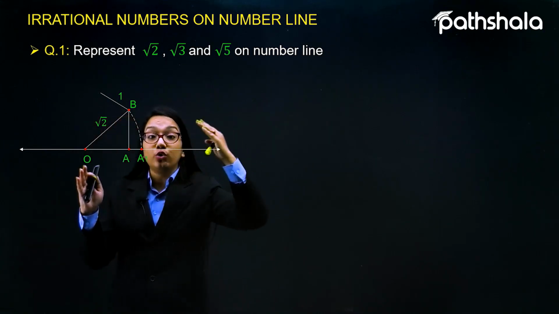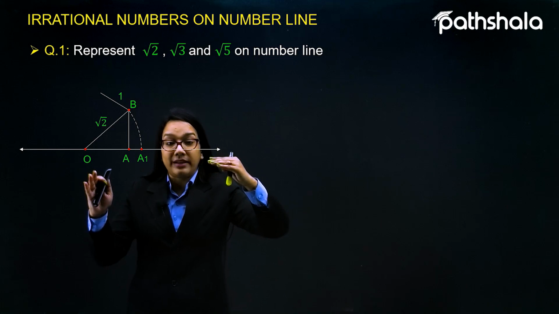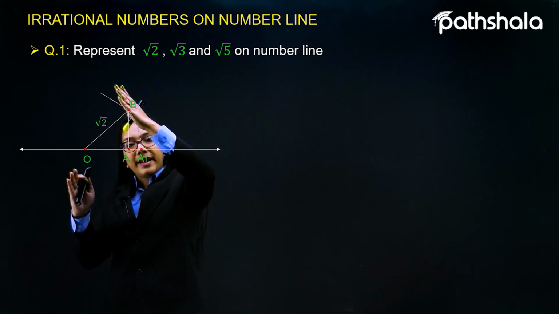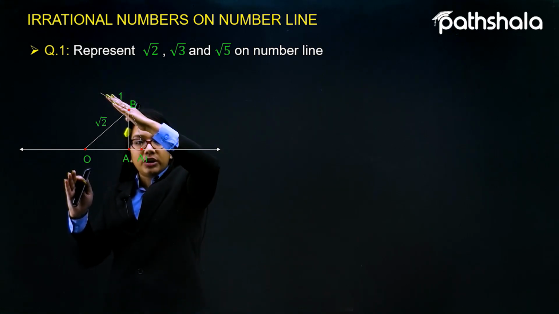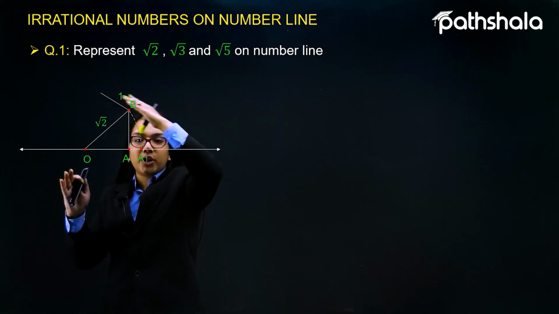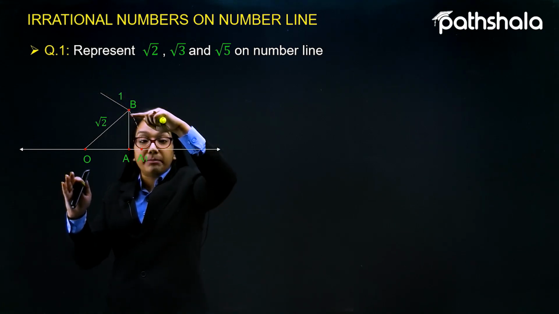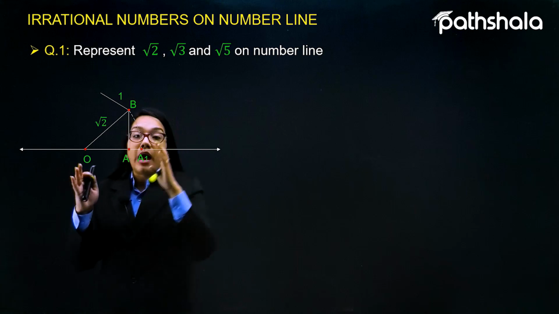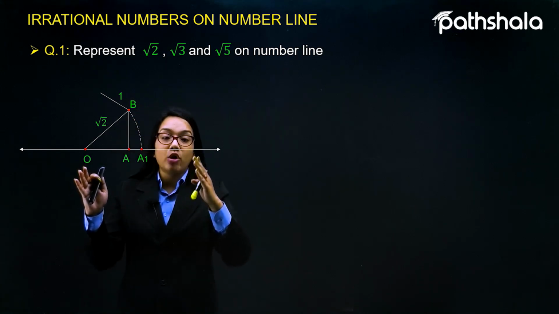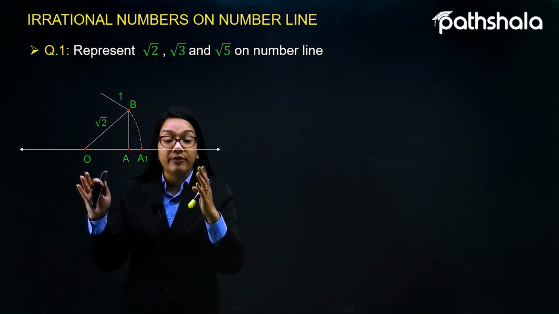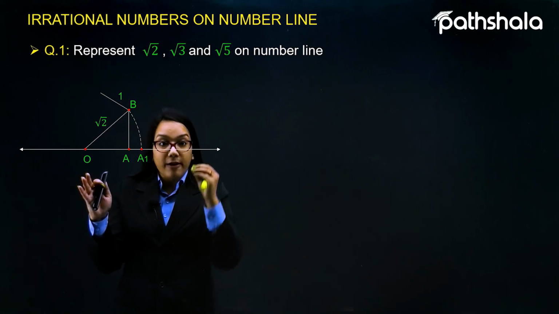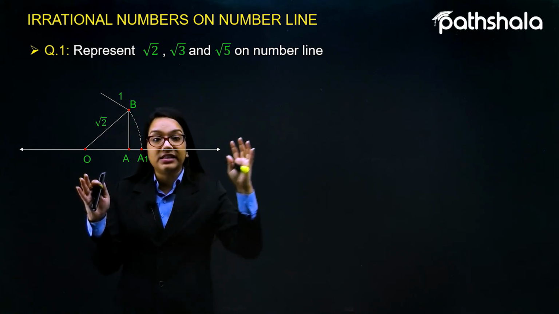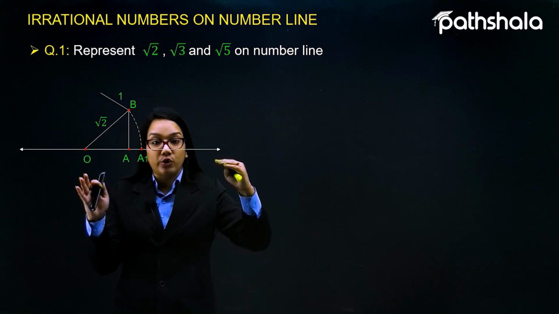In order to represent root 3 on this number line, I am taking a perpendicular distance of 1 unit at the point B. I'm not representing root 3 separately like we did before, because we have to represent all these 3 on one line together.